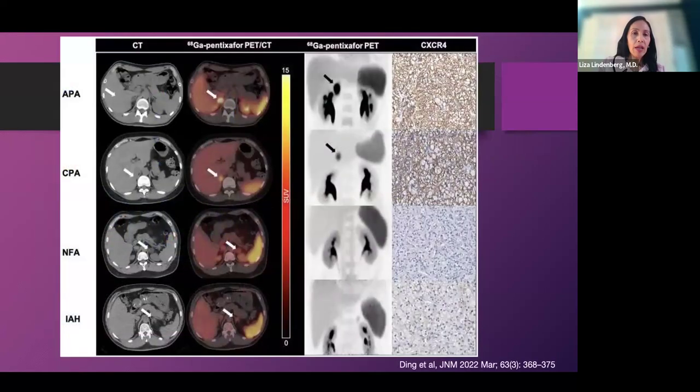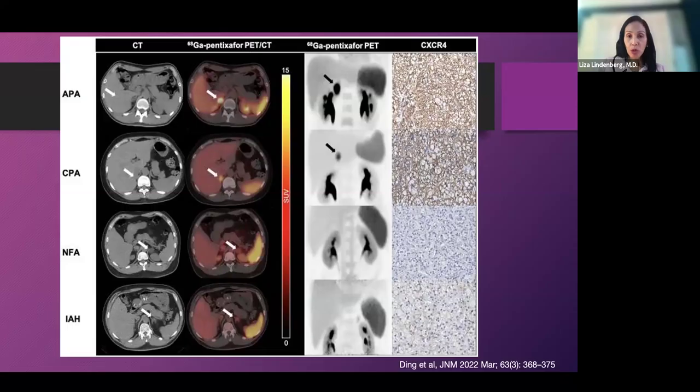And here, this describes the performance of PentixaFor in patients with adrenal cortical nodules. The top is the aldosterone-producing adenoma with high expression to help determine which adrenal gland is producing the problems, so that surgically that might be the one to go after.